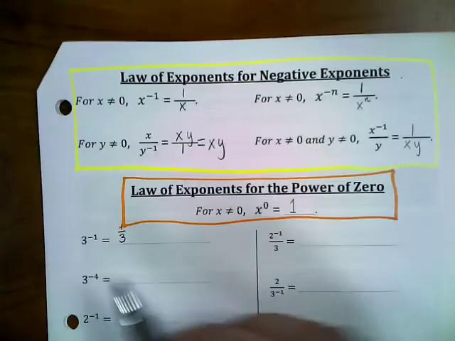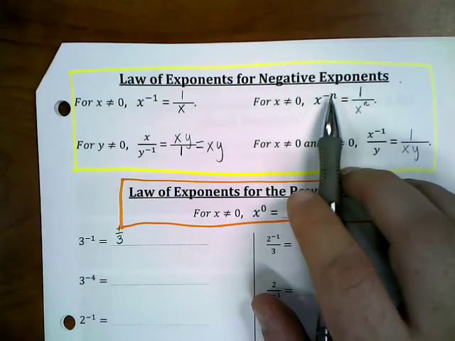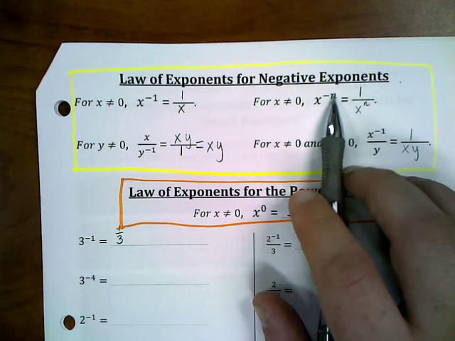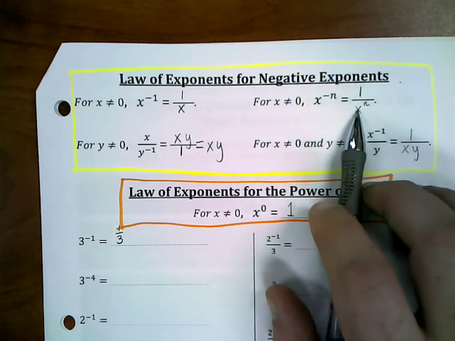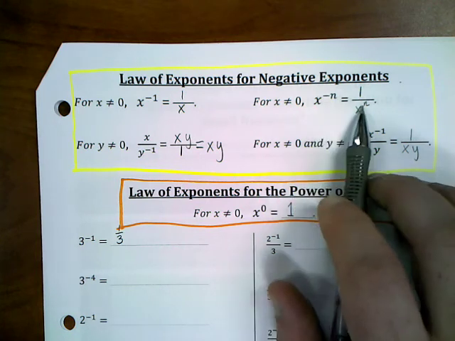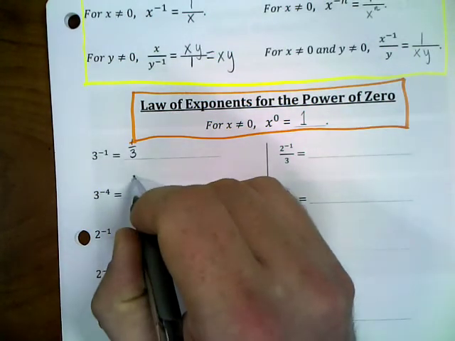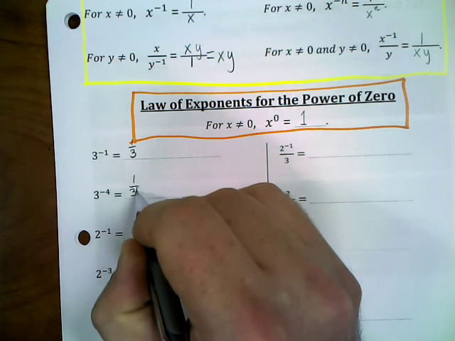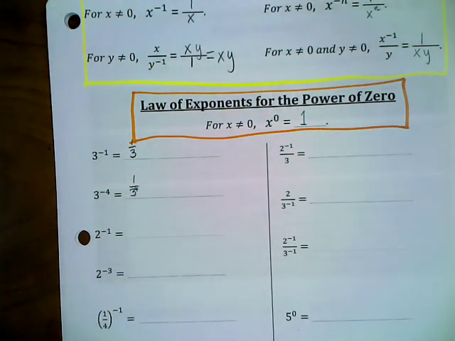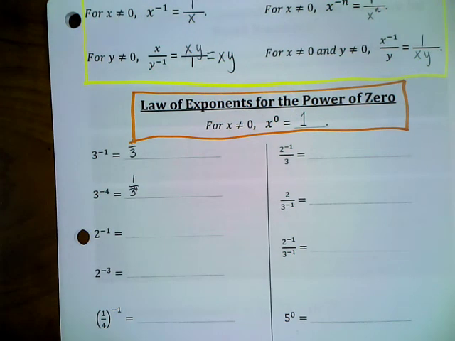This next one, remember that if this is something other than 1, the exponent sticks with the x, but when it moves, it burns up that negative. That's the fuel that allows it to move. So this would actually turn into 1 over 3 to the 4th power. Now, hopefully you realized that that could be simplified further.